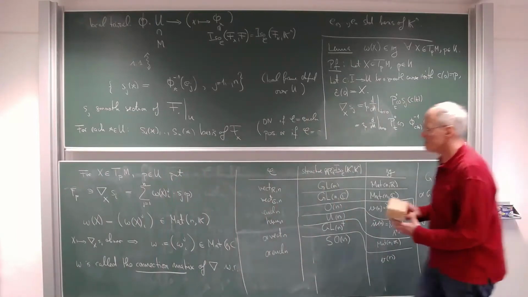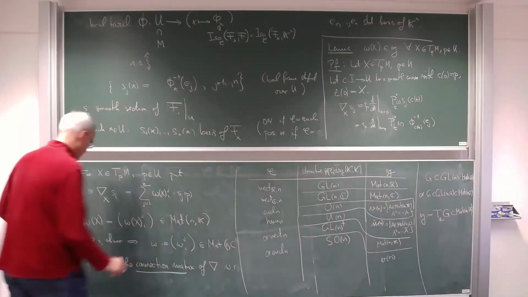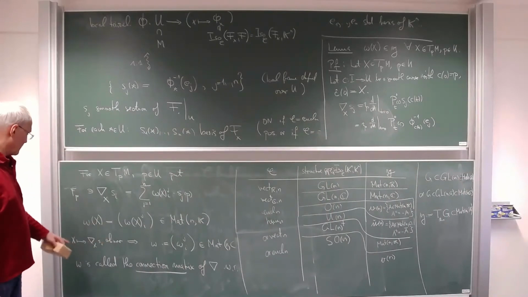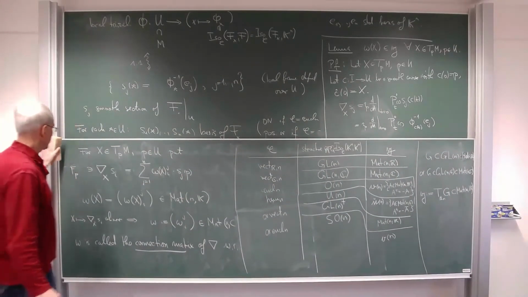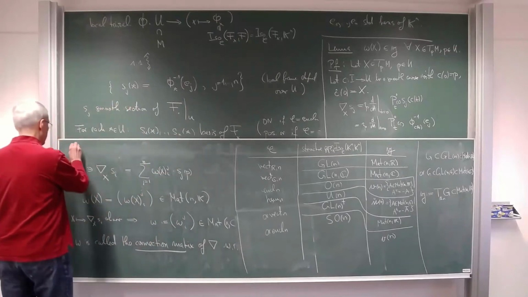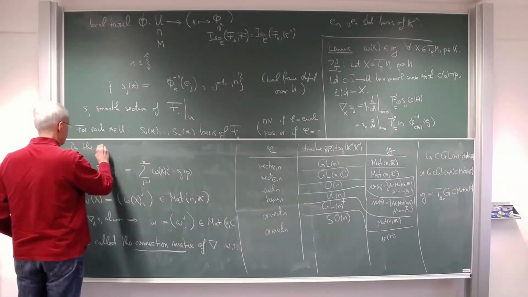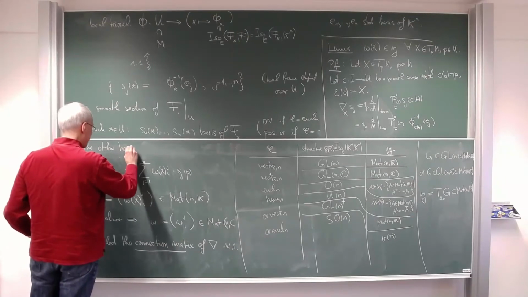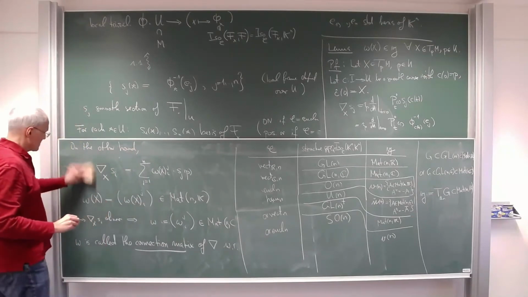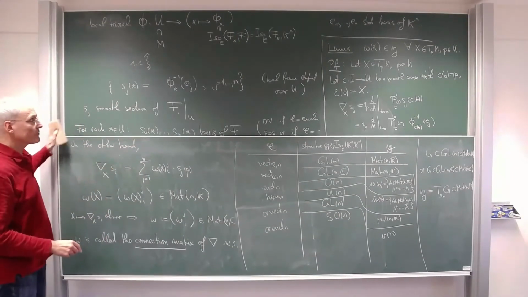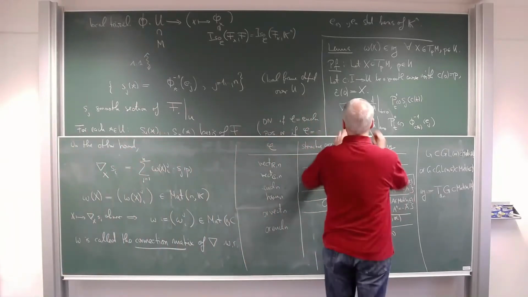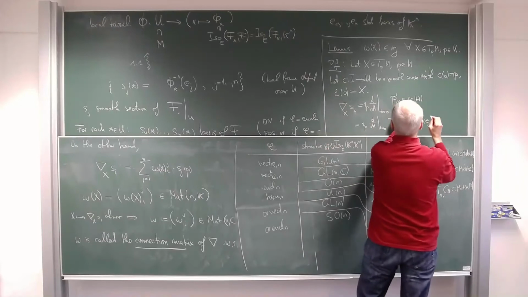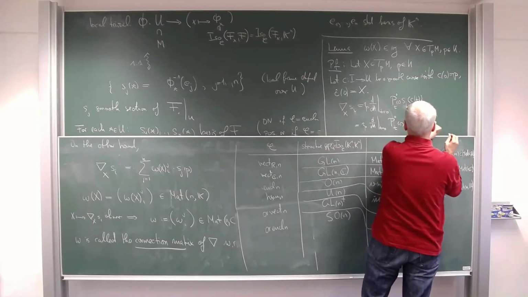On the other hand, we have this definition of the curvature matrix. So on the other hand, we have this formula. Maybe I should have called this SI. I and I here.